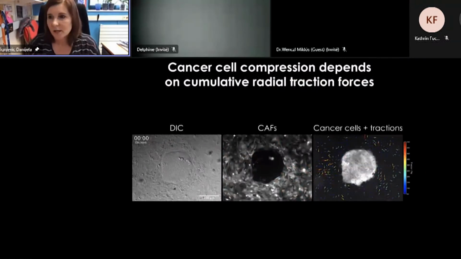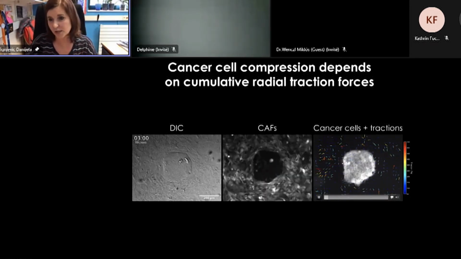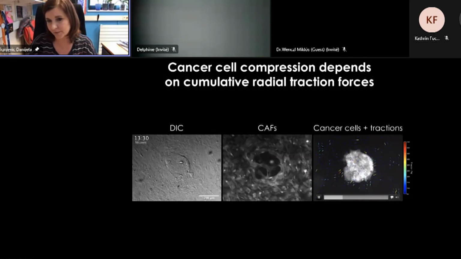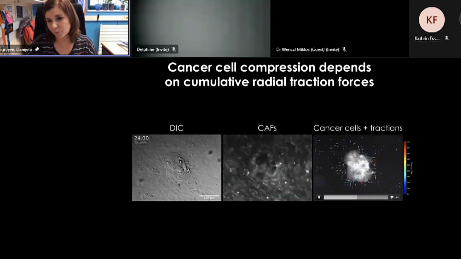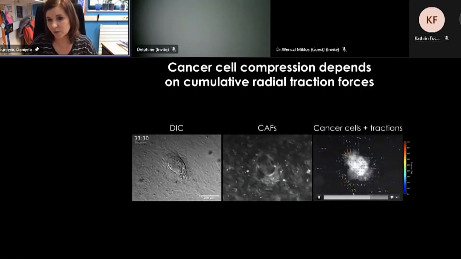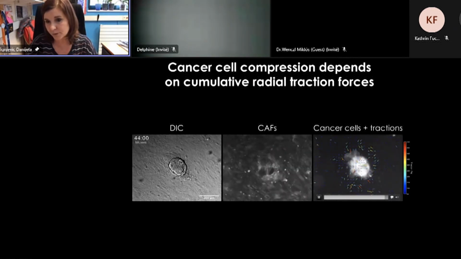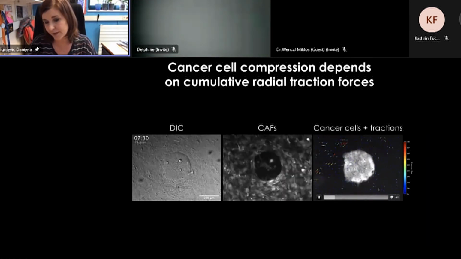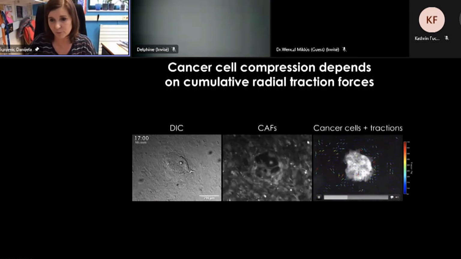So to study the mechanical interaction between these two types, we performed traction force microscopy. And that allowed us to see that the cancer cells exert very little force on the substrate, and that the forces that the fibroblasts exert fluctuate over time, but eventually they start accumulating at the border, at the interface between the cancer cells and fibroblasts.